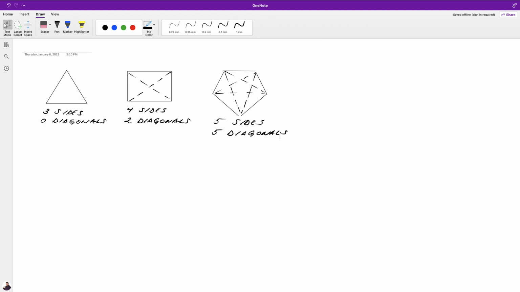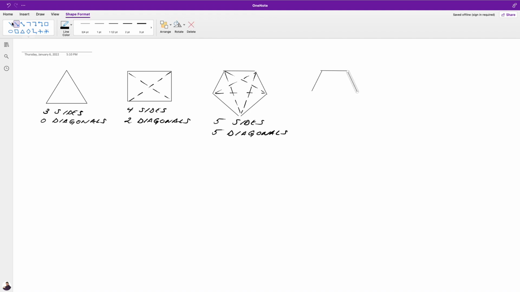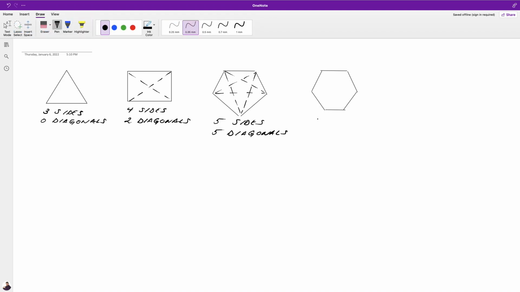Very good. So now let's think about a 6-sided polygon, and then we'll maybe do 7-sided, and then we'll probably be good to go at that point. Okay, so 6-sided here. Right, so 6 sides. How many diagonals do we have now?